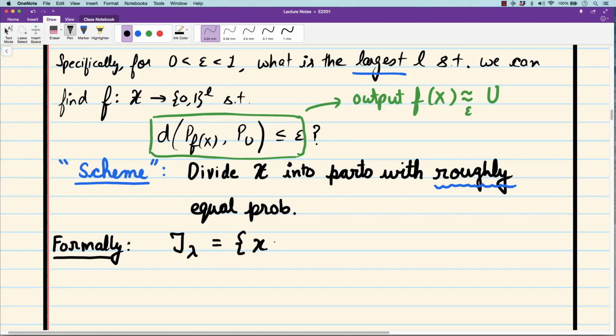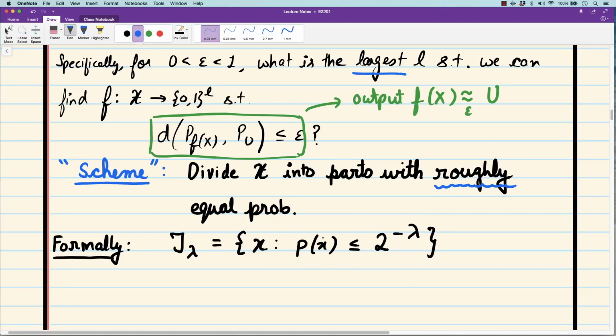It is a set of all those elements X such that the probability of X is less than or equal to 2 to the power minus lambda. Okay, these are those elements which don't have very large probability.